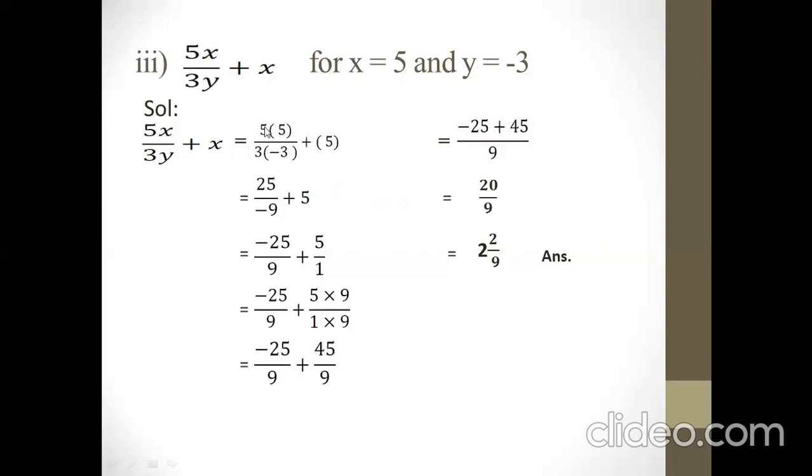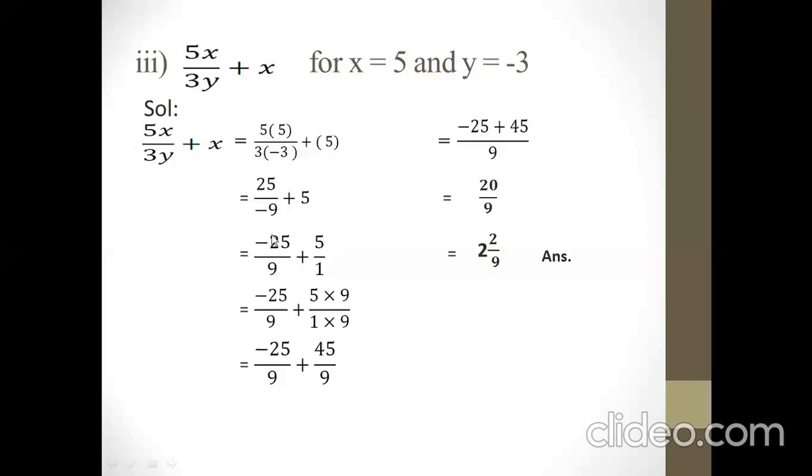Now first we have to write 5, then bracket, substitute the value of x, 5, then 3, and instead of y we will use -3, plus 5. Now next step, 5 times 5 is 25, 3 times -3 is -9, and plus 5 as it is.